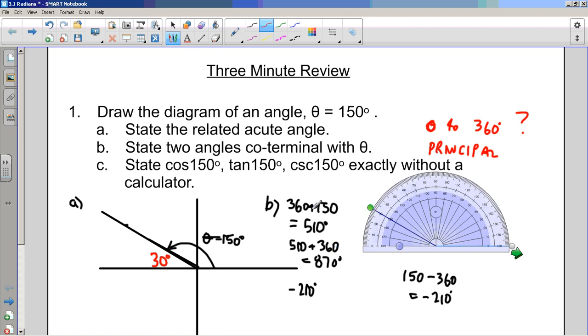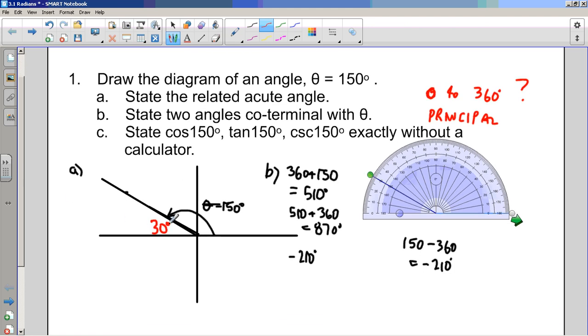So the sine of all these things is the same, the cos of all these things is the same, and so on. What's the deal with the related acute angle? Well, remember from grade 11, we had relationships between angles that had the same related acute angle. And the related acute angle, remember, always goes down to the x axis. So a related acute angle that would have 30 in this quadrant would be down here.